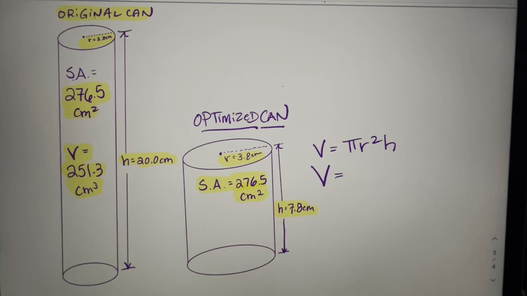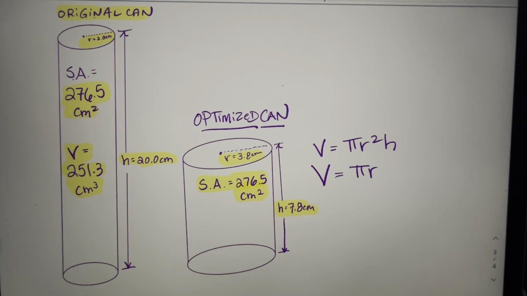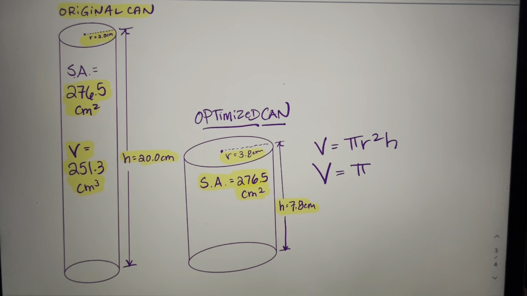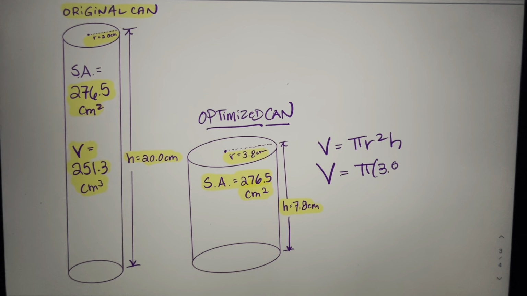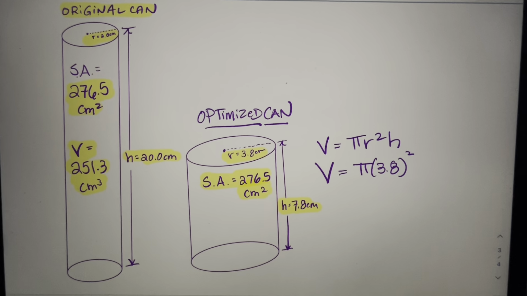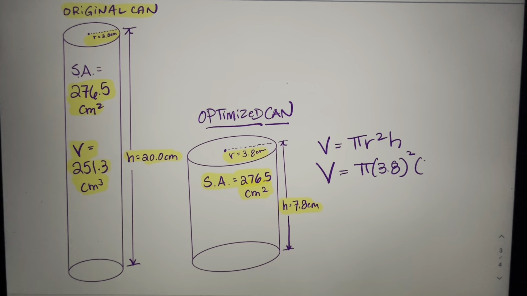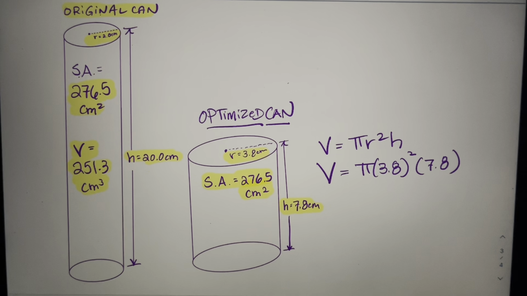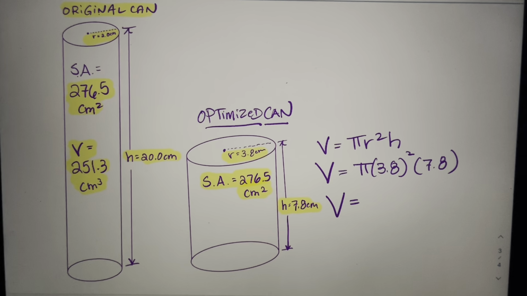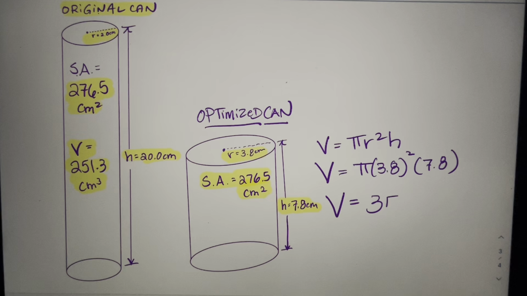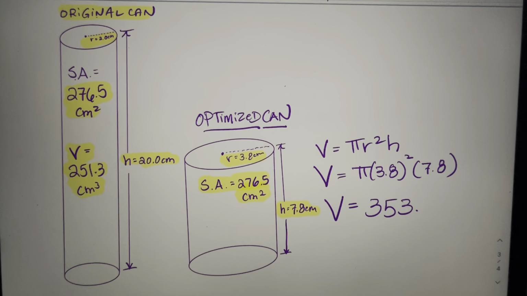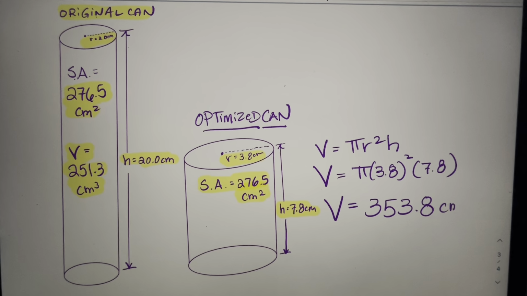So our optimized volume is pi r squared h. And now we're going to substitute in that 3.8 squared for our radius squared and our 7.8 for our optimized height. And when we do this, we get 353.8 centimeters cubed.